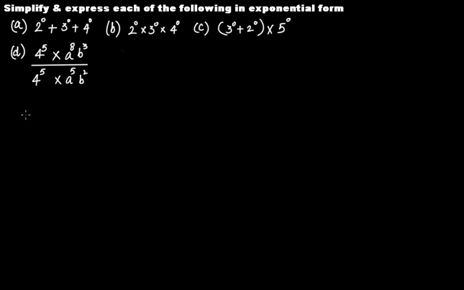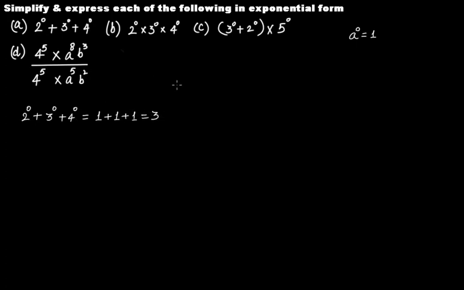Now we know that whenever we have a non-zero integer a, and it has its exponent as 0, then it is equal to 1. So this is 1, this is also 1, and this is also 1.